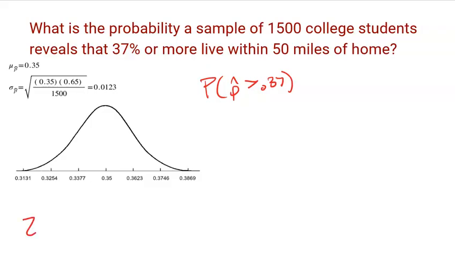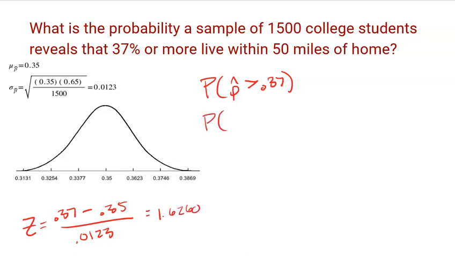Well, all I got to do is calculate a z-score. Take 37%, subtract the mean, 0.35, divide by the standard deviation: 0.37 minus 0.35, divided by 0.0123, is 1.6260. Which means I need to find the probability that a z-score is greater than 1.6260.